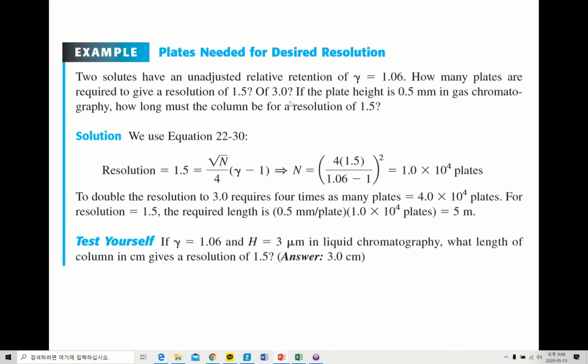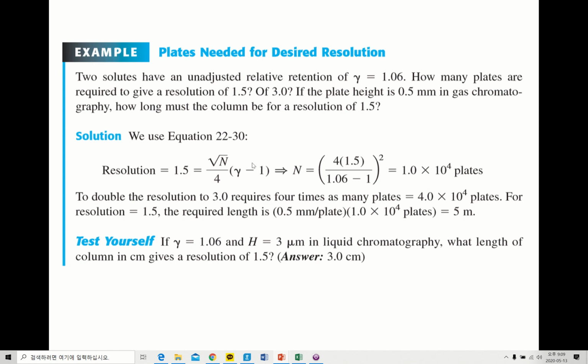But here, the question is to get a resolution of 1.5 and 3.0, how many plates are needed. If the plate height is 0.5 millimeter in gas chromatography, how long must the column be for a resolution of 1.5? Now we can use this equation.